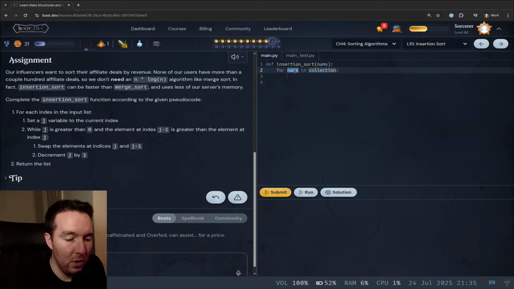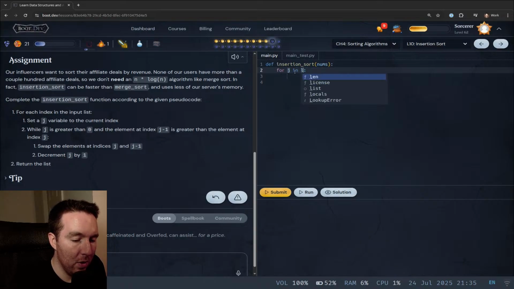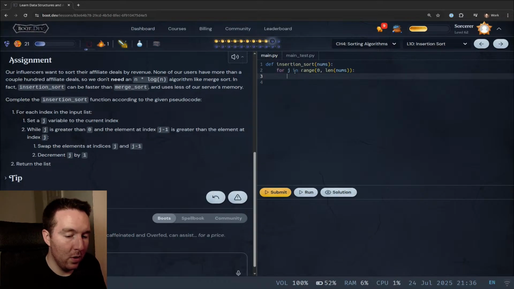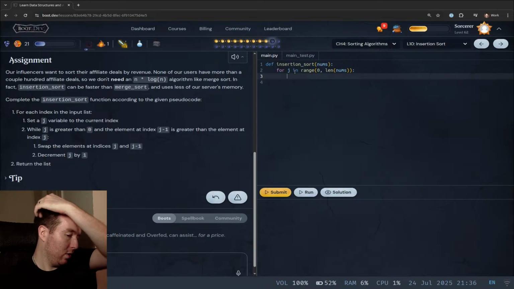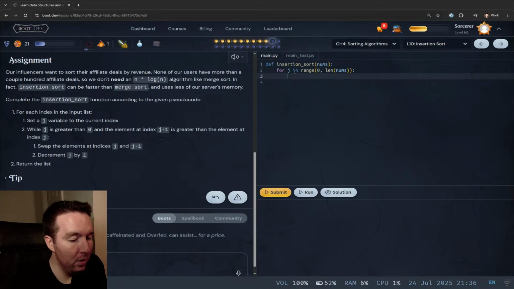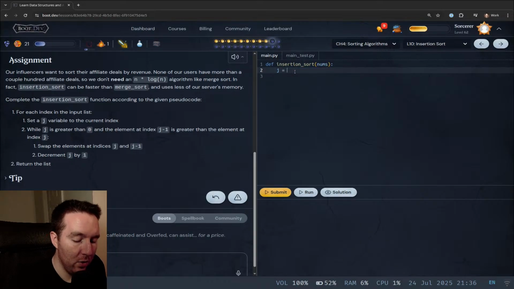So for i in range, and it's going to be 0 to the length of nums. Actually, hold on. j equals 0, start like that.